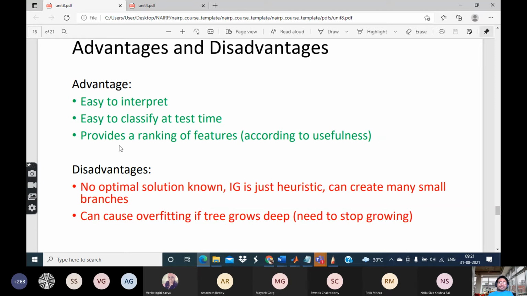So this decision tree gives us a ranking of the features according to their usefulness, which in turn enables me to do feature selection, keeping in mind my computational requirements. These are the advantages of this particular algorithm.